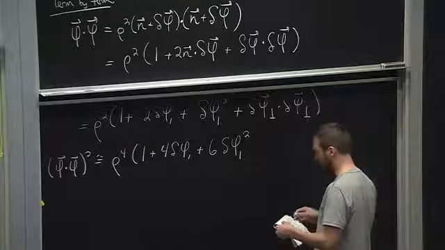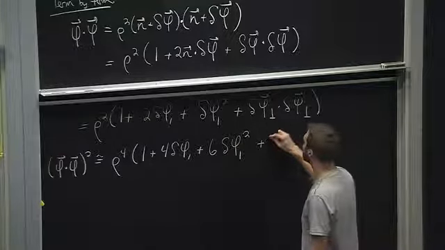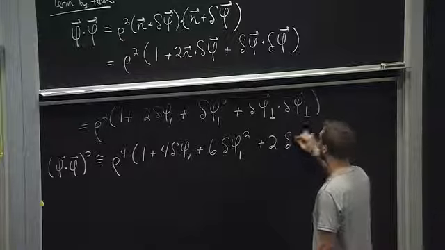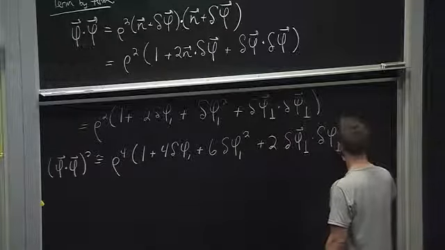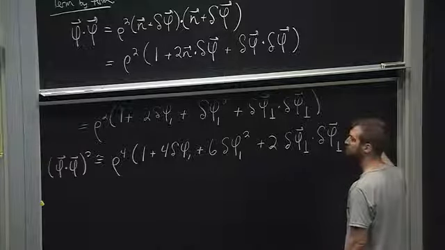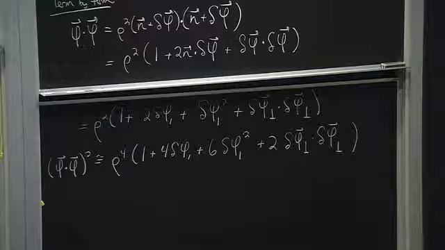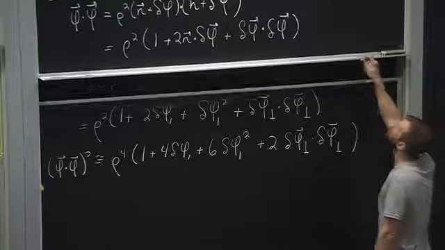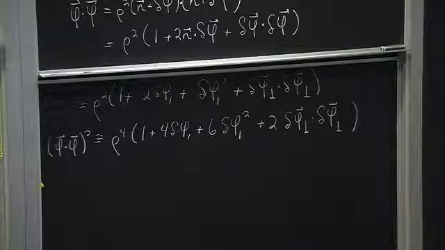Okay, and we're throwing away higher order terms. And then we have this twice. So it's 2 delta phi delta phi. Okay, so we've thrown away everything higher. So that's r by 2, u by 4.